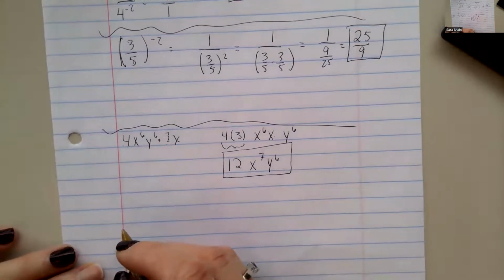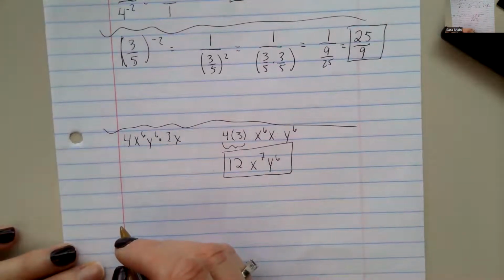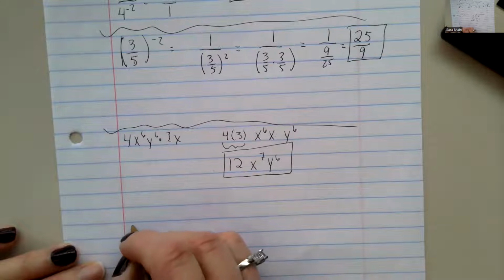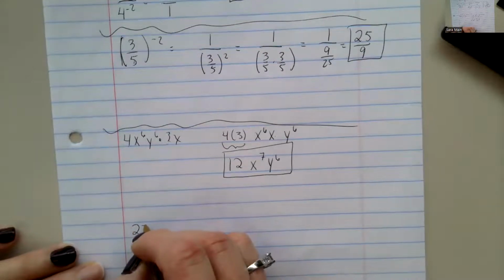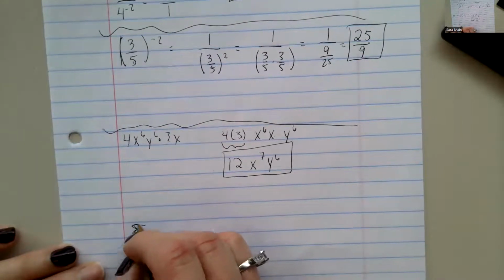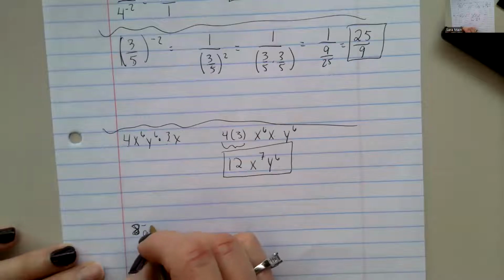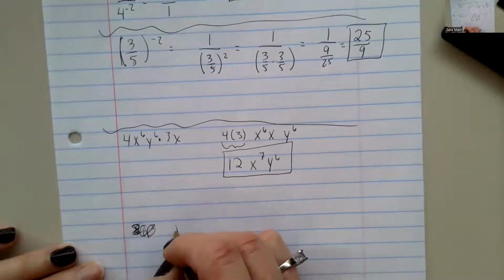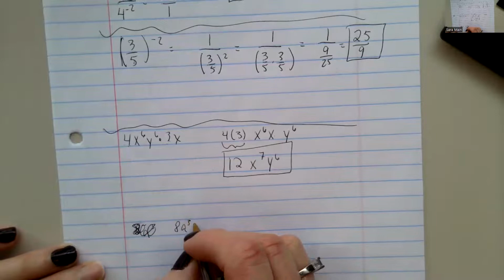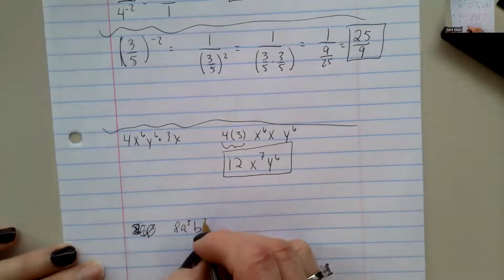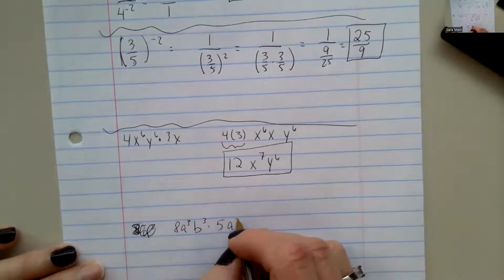So let's do another one. We have 8a cubed, let's rewrite that, 8a cubed b cubed times 5a squared b.